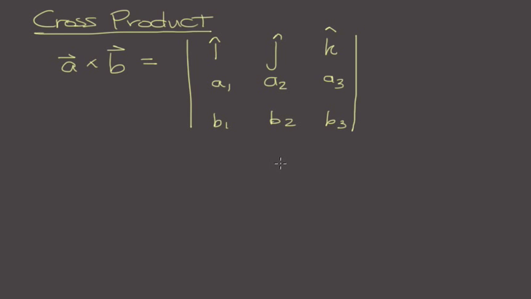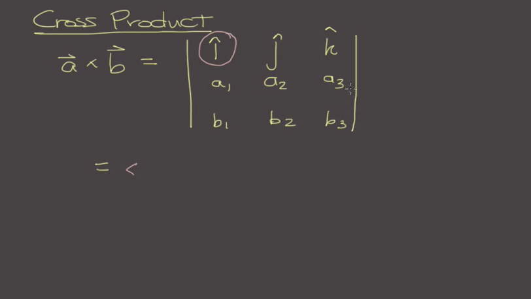Just like this. And so the way that we can calculate this is, if we're looking for, for example, the x component of this vector, we'll take this i unit vector right here, and we visually obstruct the row and the column that this unit vector is in.